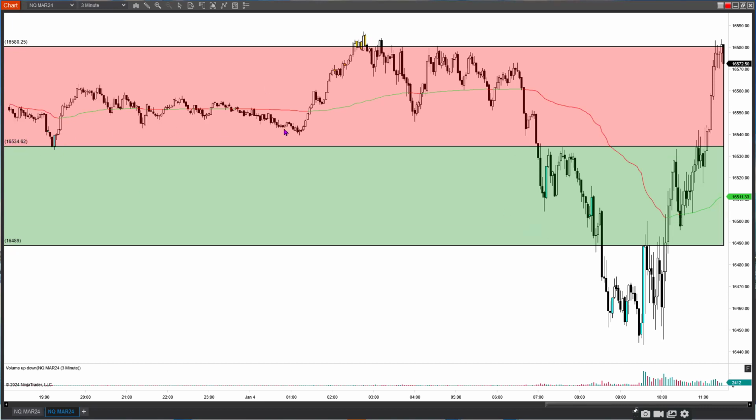I also like to put a center line between the angel and demon. I find that's usually pretty instructive about a directional move. If you can't get past the middle, then you're coming back to test support, and obviously vice versa. So the low of this bar right here is 580.25, and that's the demon.